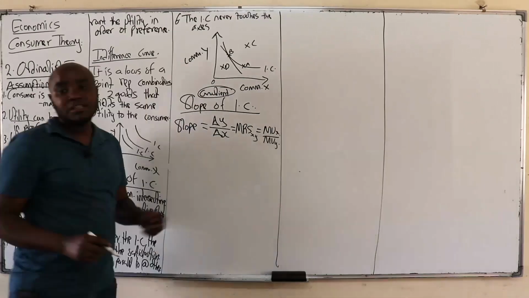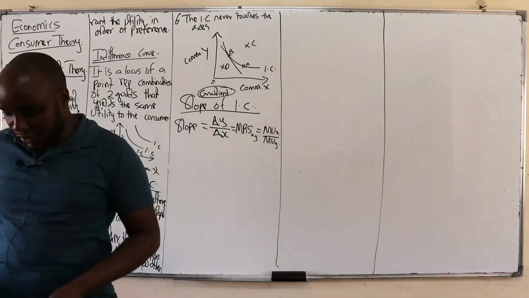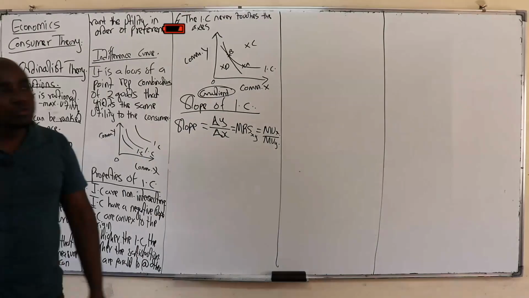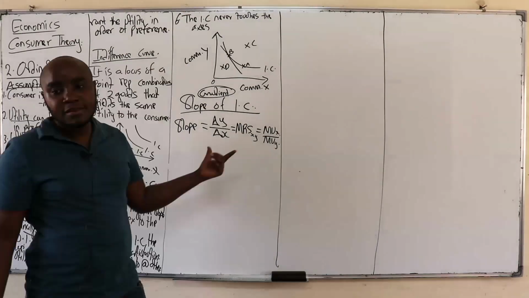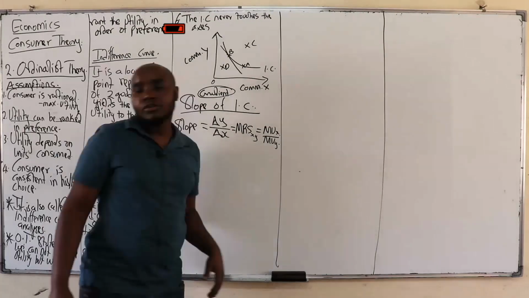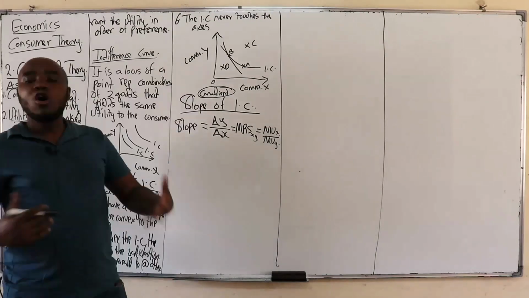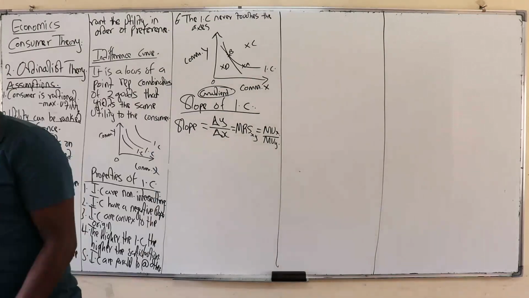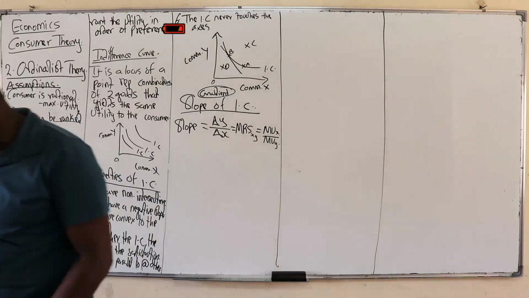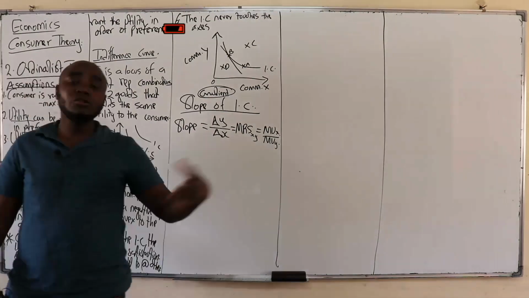In short, the slope, which is the marginal rate of substitution of x and y, is about how willing we are to substitute commodity x with respect to commodity y.